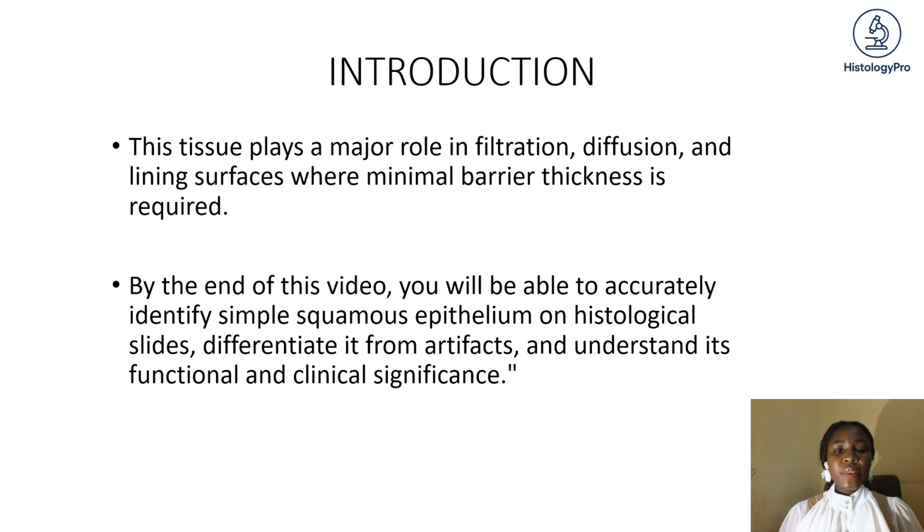This type of epithelial tissue plays a major role in filtration, diffusion, and lining surfaces where minimal barrier thickness is required. By the end of this video, you will be able to accurately identify simple squamous epithelial tissue on histological slides, differentiate it from artifacts, and understand its function and clinical relevance.